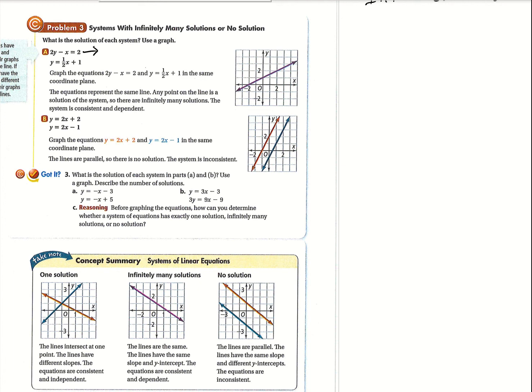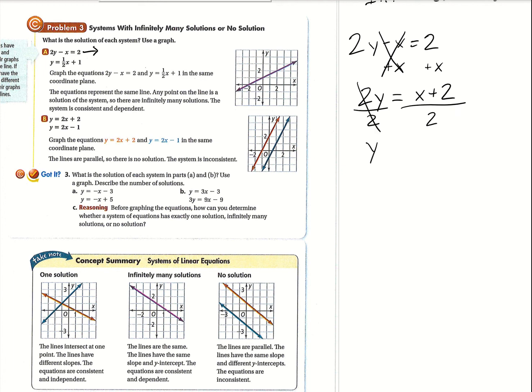So in order to do that, I'm going to do 2y minus x equals 2. I'm going to add x to both sides, and I'm just going to try to isolate the variable y. So then I have x plus 2, and I'm going to divide everything by 2 on both sides. So that'll leave me with y equals 1/2 x plus 1.